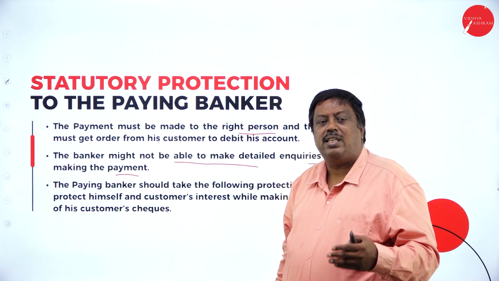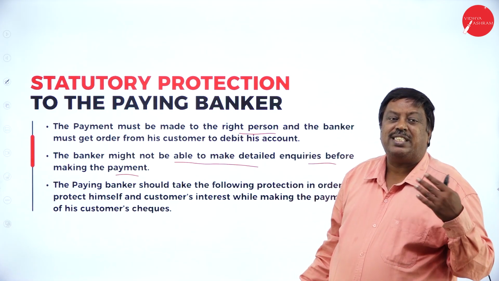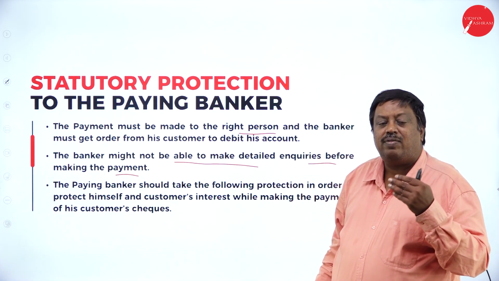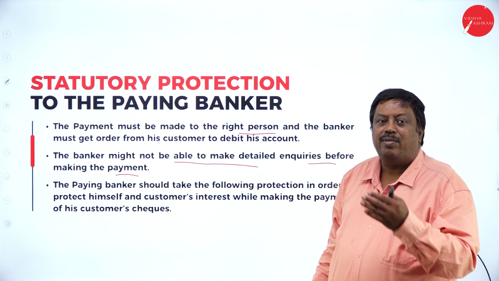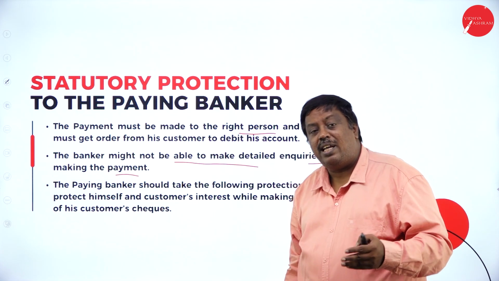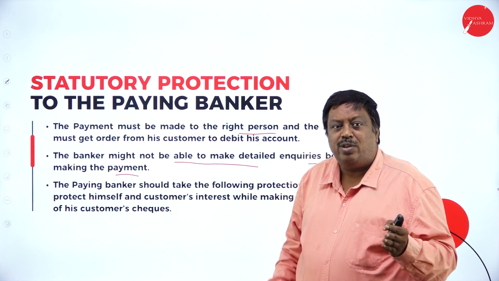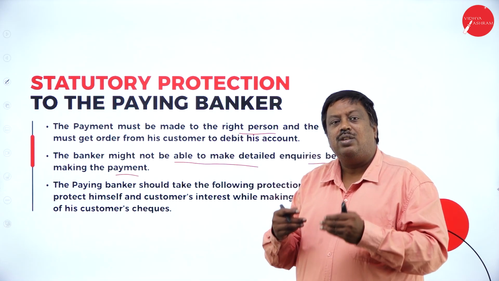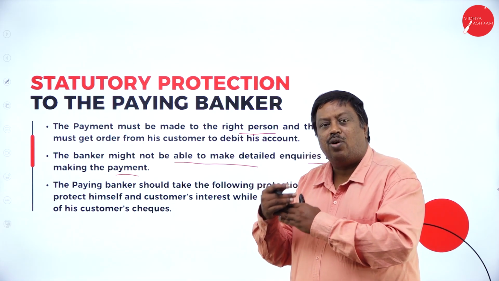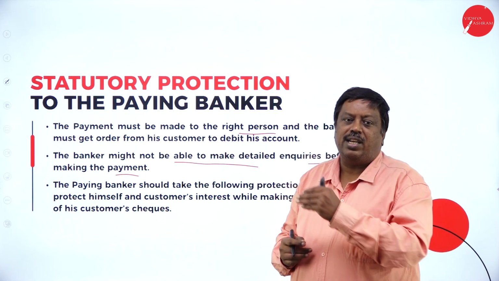For example, if a person who is not the proper person has collected the amount, we don't know who has collected it. At least if we have some documents with us, we can verify. Even though in some cases the documents submitted by him may be duplicate, at least we are on the safer side. So we have collected some documents from the person who presented the check for collection of the amount.